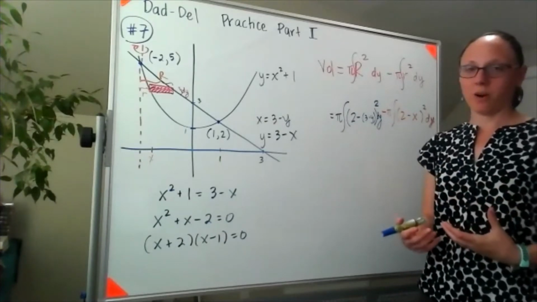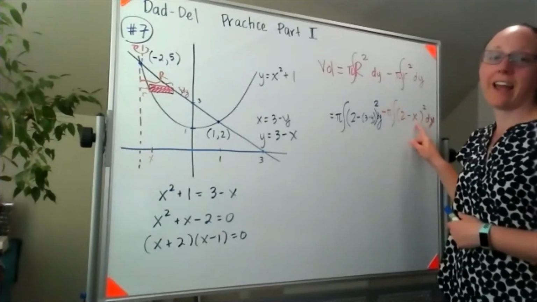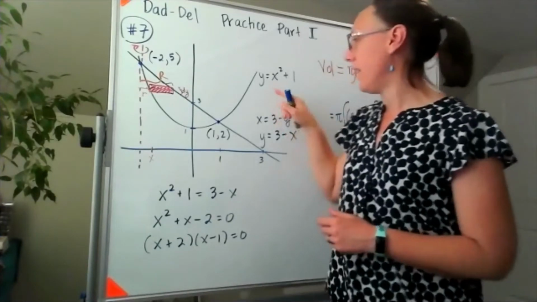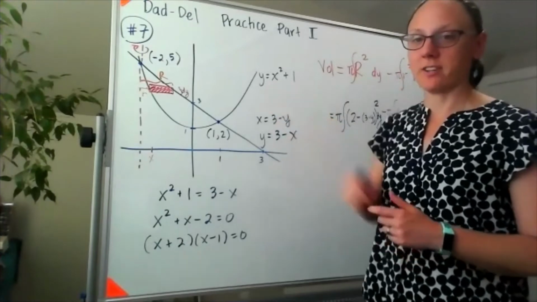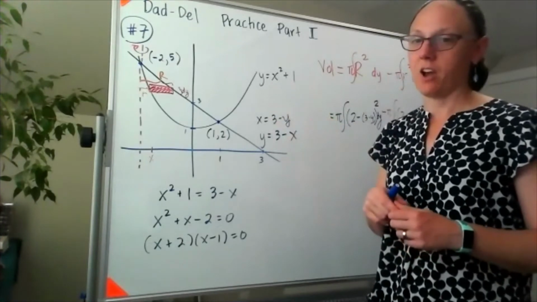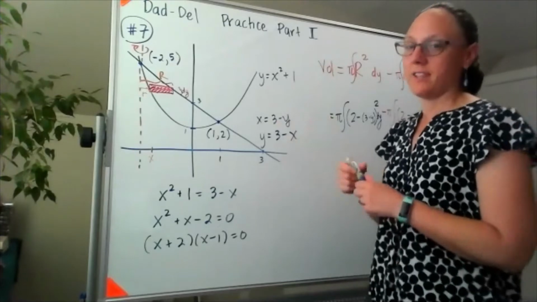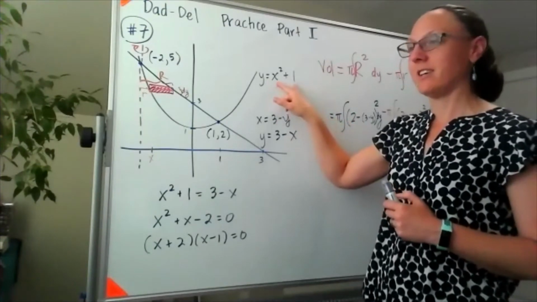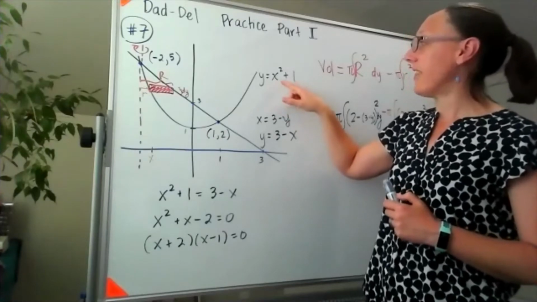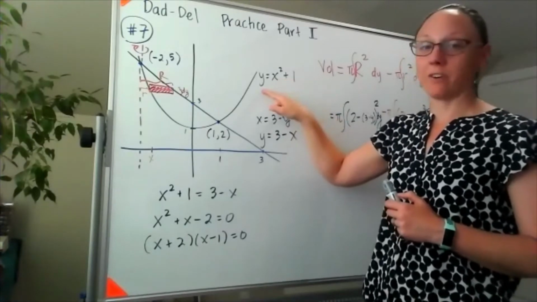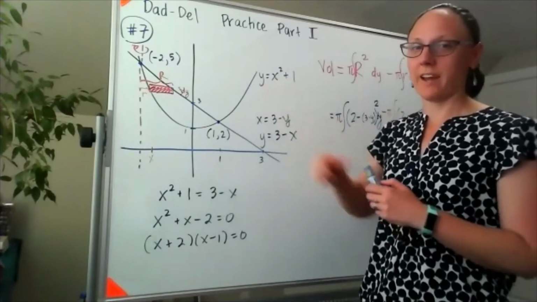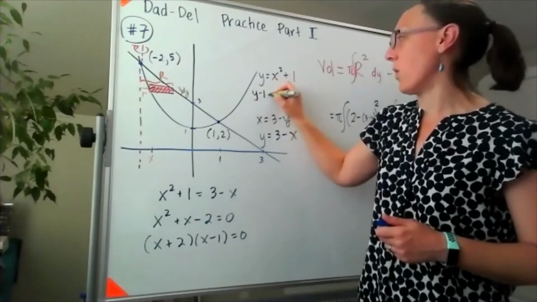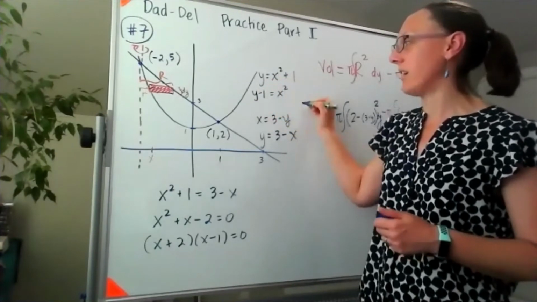Now we come to the part where we have to figure out what that x is for our inner radius. If I rearrange this equation to solve for x, I'm going to subtract 1 and take the square root of both sides. So I'd have something that looked like y minus 1 is equal to x squared.